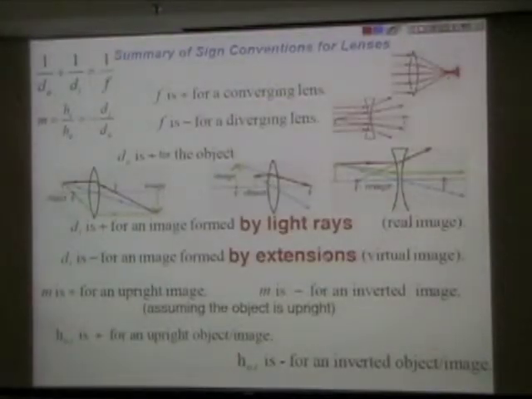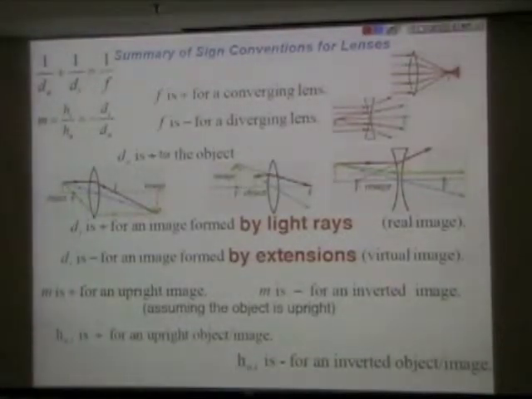We have to use this convention. So when the image is upright, the height of the image, its size, is positive. When the image is inverted, the height, the size of the image, is negative. This is exactly the same agreement we used for mirrors.